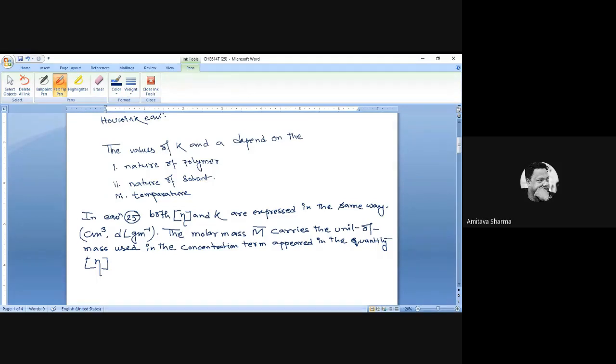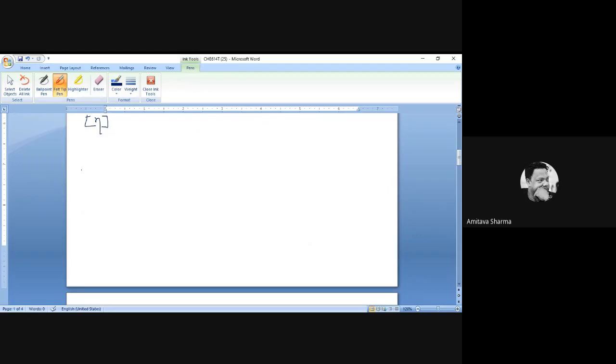Now we are going to discuss that. Next discussion: the average molar mass referred to in equation 25 is the viscosity average.